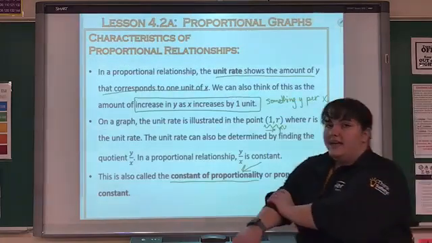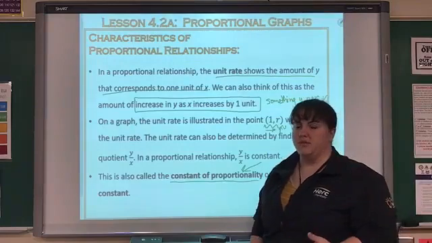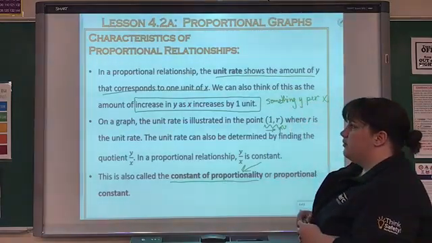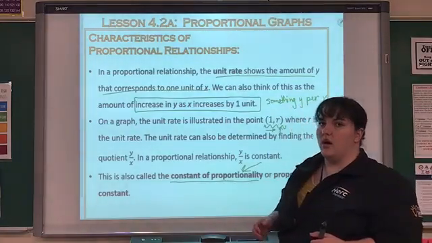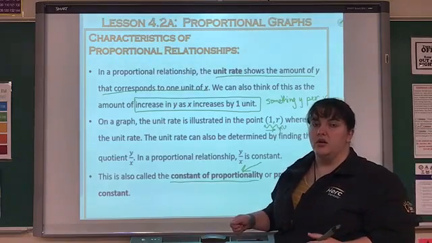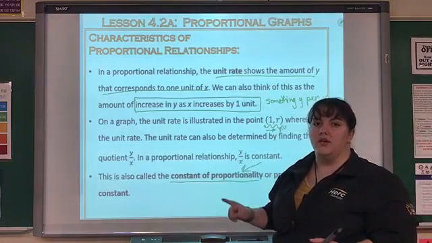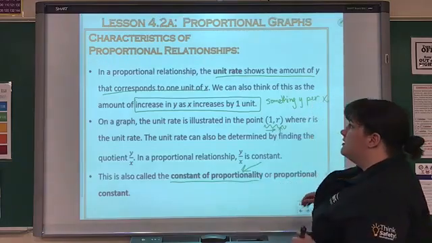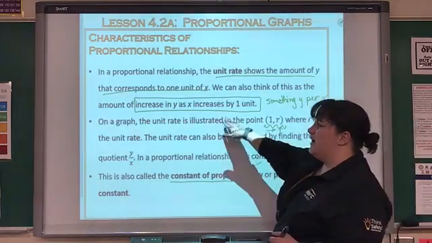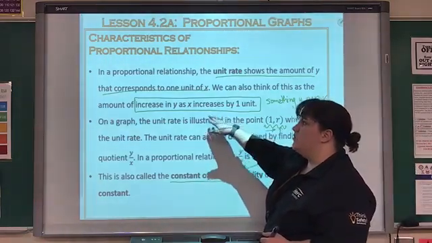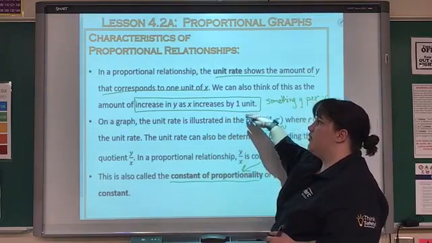So, in our proportional relationships, our unit rate is showing our y value corresponding to 1 unit of x. That's like saying we have an increase in y as x increases by 1 unit.